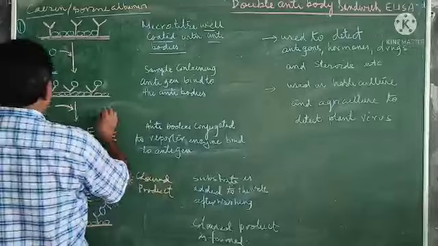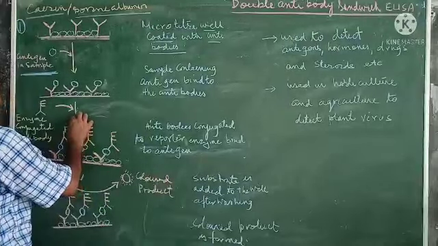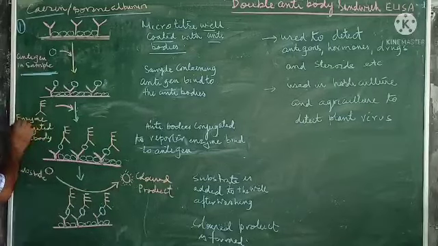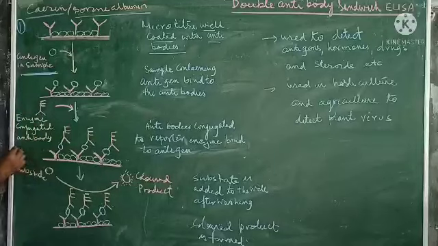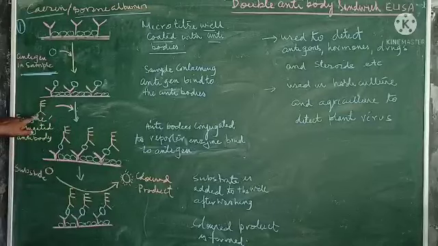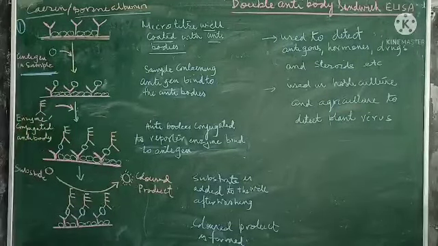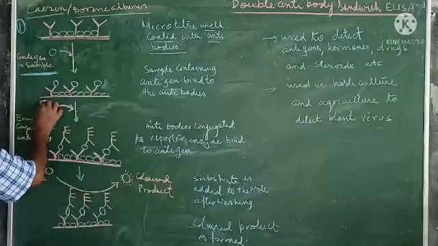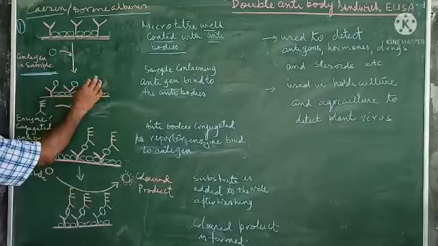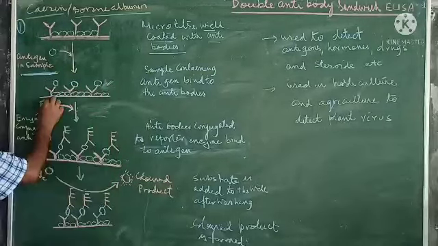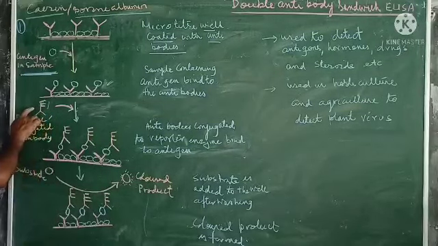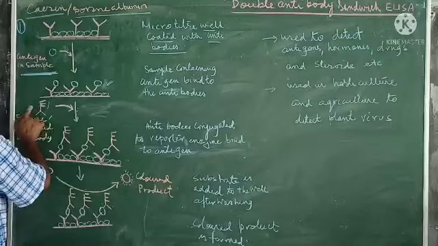After washing, the next step starts, which is the third step. In the third step, enzyme-conjugated specific antibodies are used. These antibodies are specific to the antigens, whether hormones or anything else, and are conjugated with an enzyme.